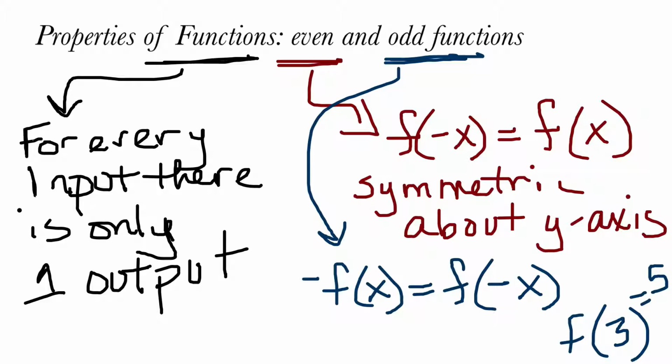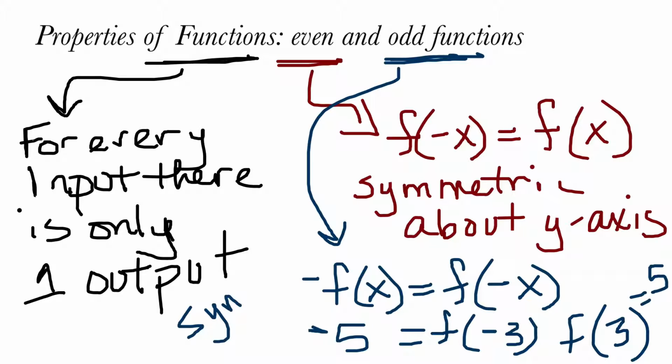What this odd function means is that if I plugged in f of negative 3, I would end up with a negative 5. So if I negate the x, like if I negated that 3 and got a negative 3, when I plug in a negative 3, I end up getting a negative 5 out of it. And we see another symmetry, and this is symmetric about the origin.